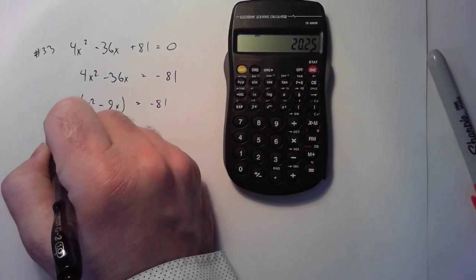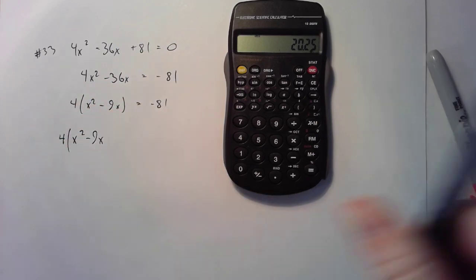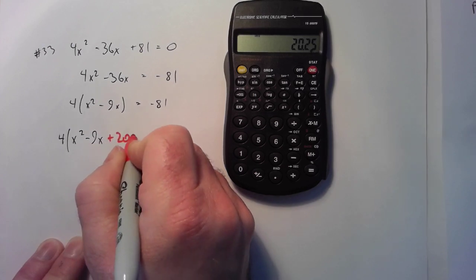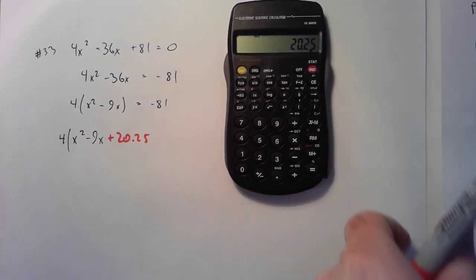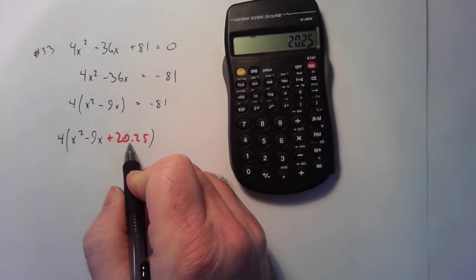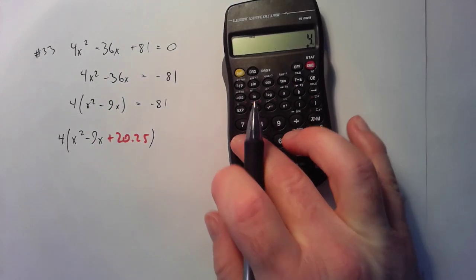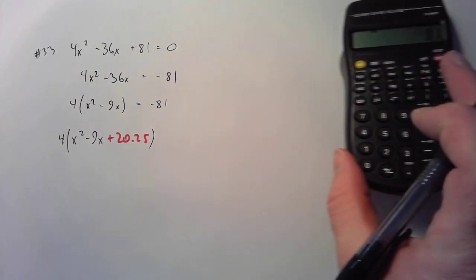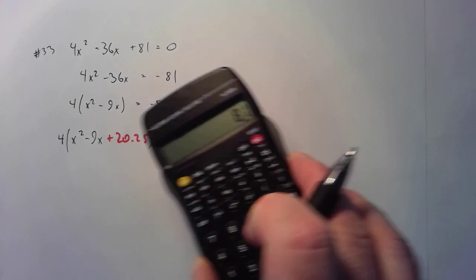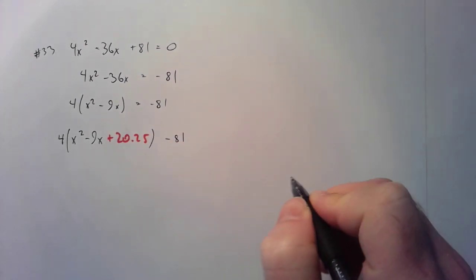If this were 4 of x squared minus 9x plus 20.25, it would be a square. But the problem is, in order to account for that, I need to have a minus 20.25. 20.25 times 4 is 81, which means I need to have a minus 81 here.